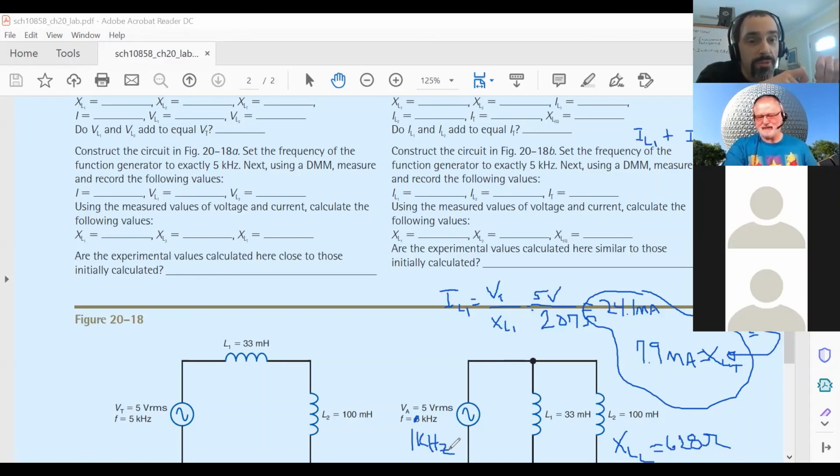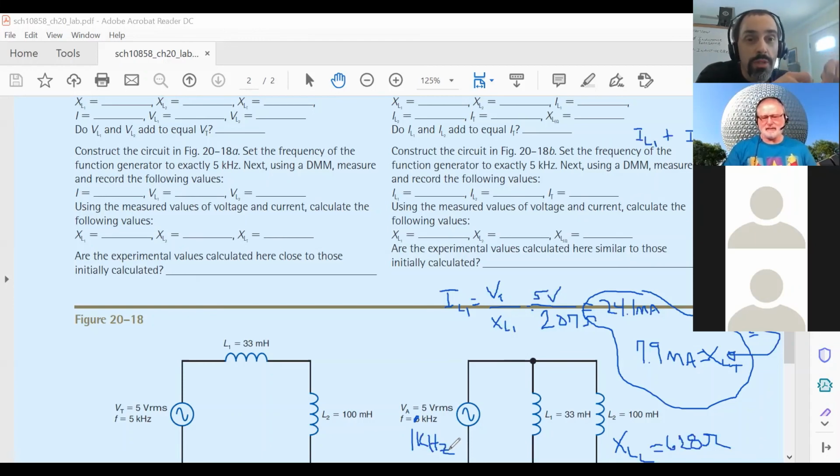This is a parallel circuit rather than a series circuit. That's right, so that's why I had to measure the currents. I can't do the voltages because the voltages across L1 and L2 are 5 volts each, right? Yeah, in parallel. So that's why we did X of L1 and IL1 and IL2.